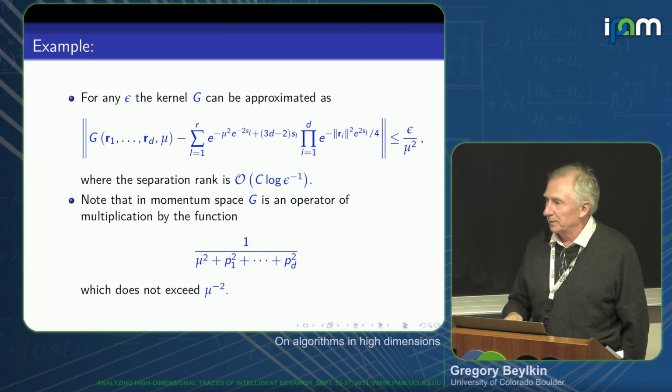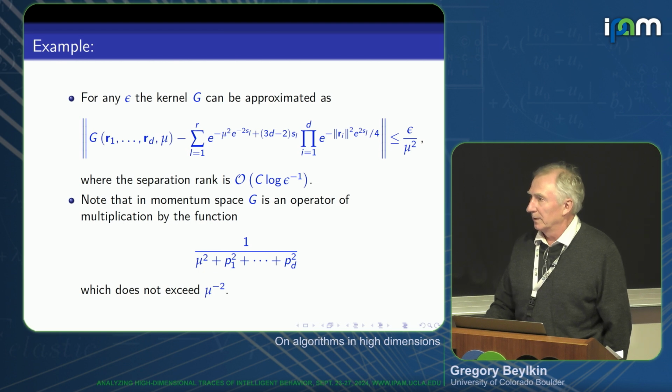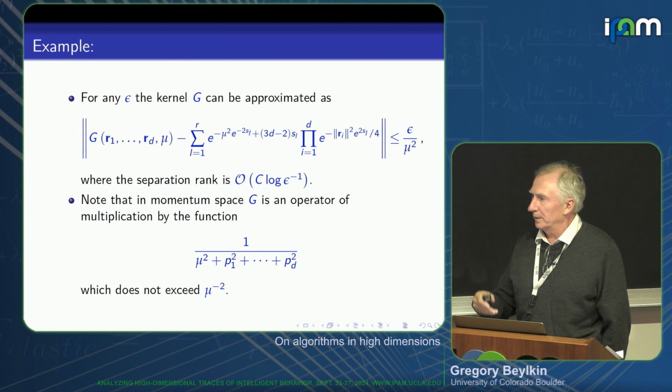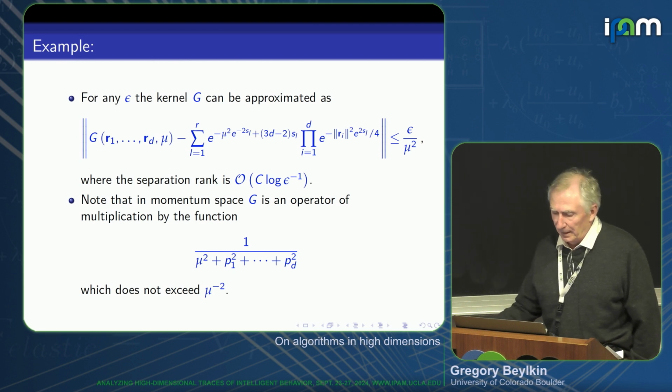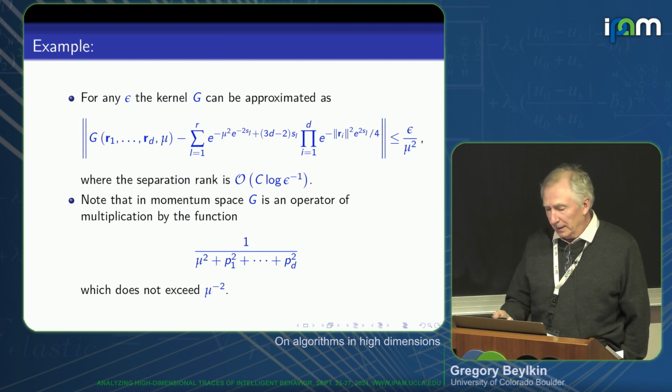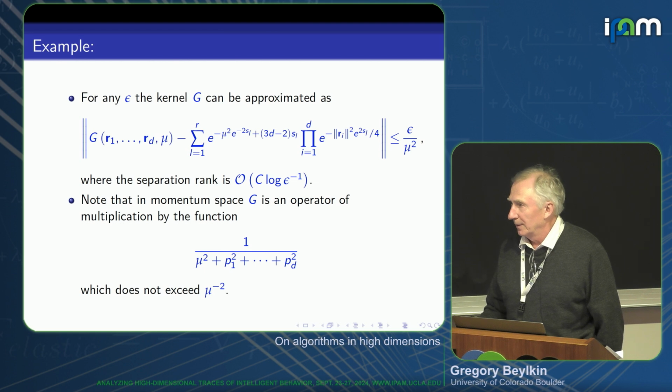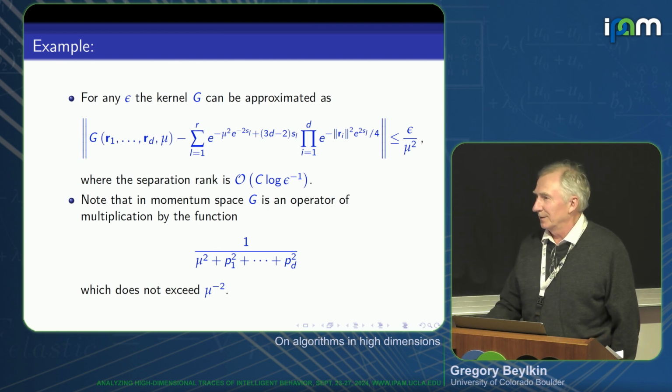There are other kernels which can be treated the same way, and there are singular, hypersingular operators, and on and on and on. Now, if you look at this function in the momentum space, it's very simple, right?